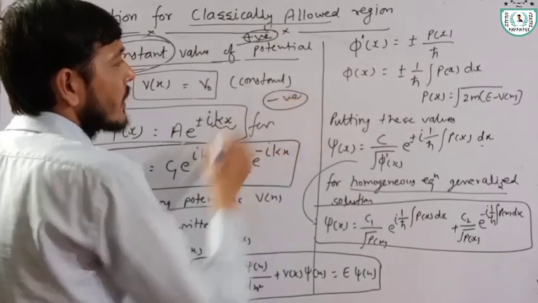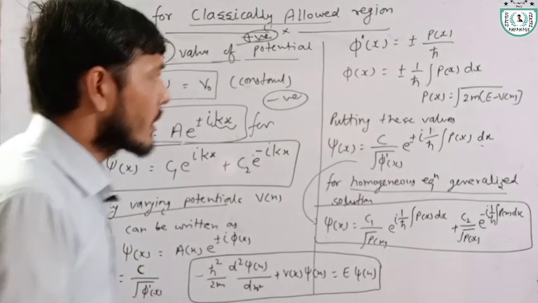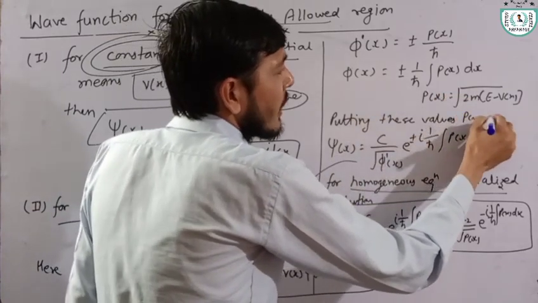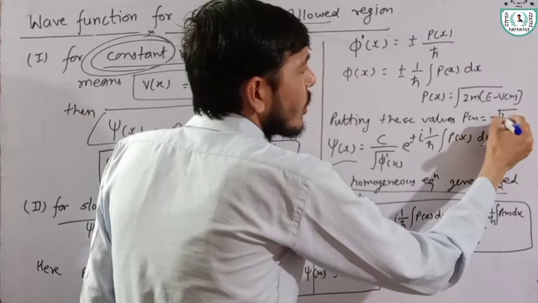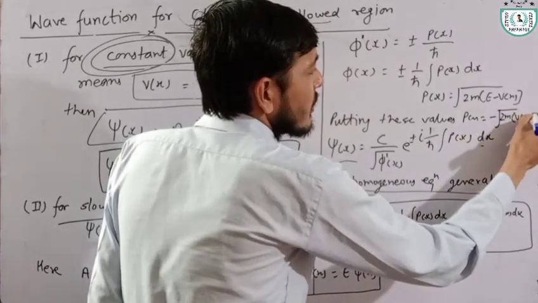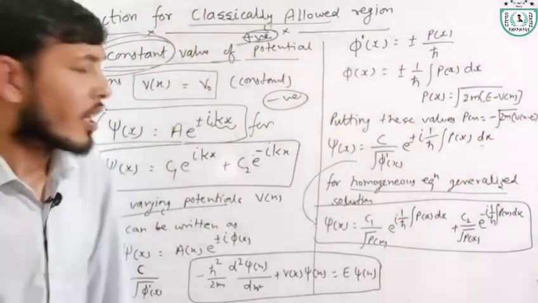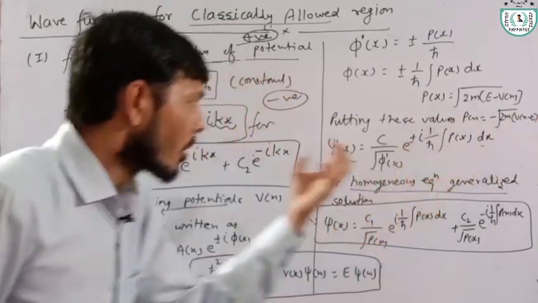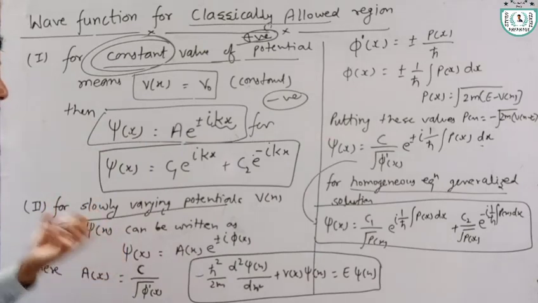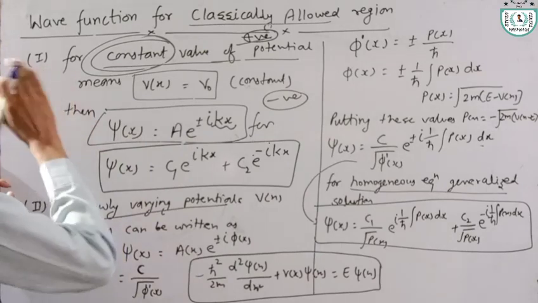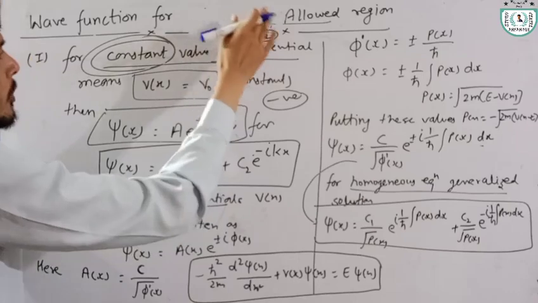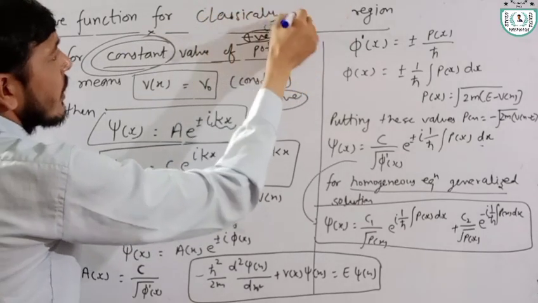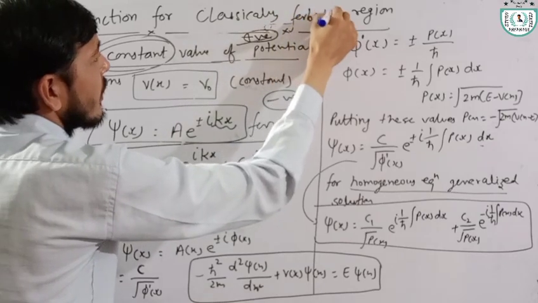That's why the value of p of x can be written as minus root 2m V of x minus E. According to this value, we have the wave function in the classically forbidden region.